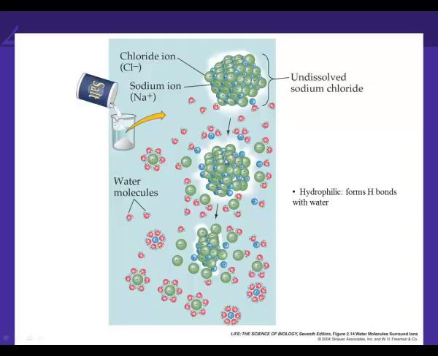And this has the net effect of causing this crystal structure to dissolve, and this is exactly the reason why salt dissolves in water. So again, we call this property hydrophilic, and many substances are hydrophilic, and that's a good thing for us since our bodies are made of a very large percentage of water.